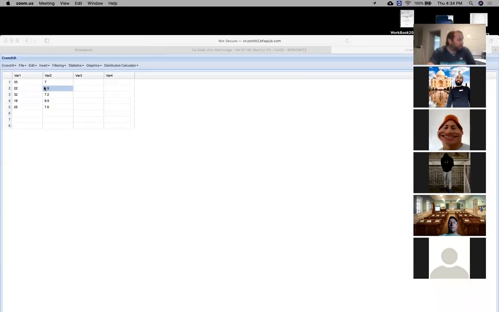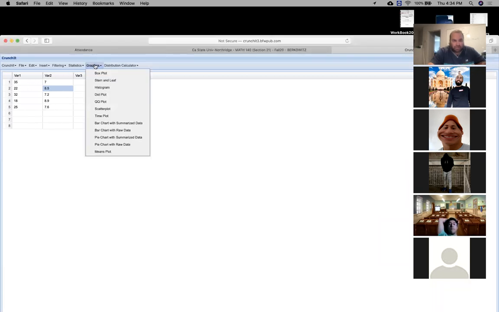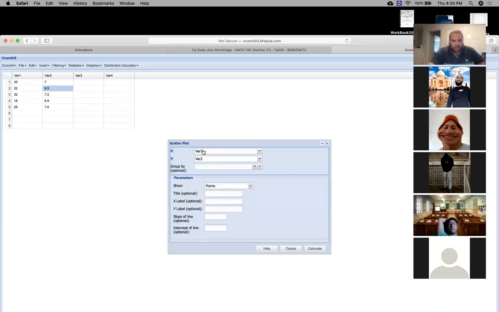So again, the first thing you do is you put in the data, right? Hopefully you all remember the x values and the y values, variable 1, variable 2. If I want a picture, I go to graphics. I go down to scatter plot. X is variable 1, y is variable 2. I can even label x. The x label is, what was it?